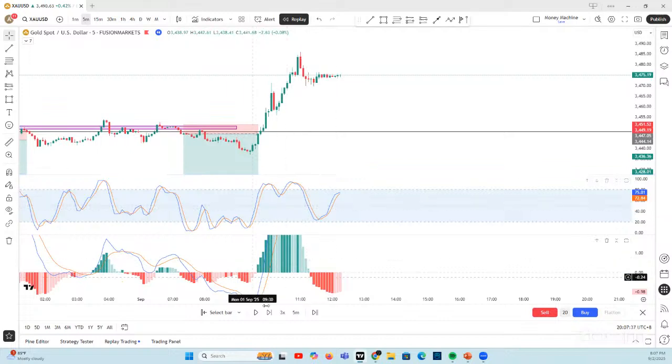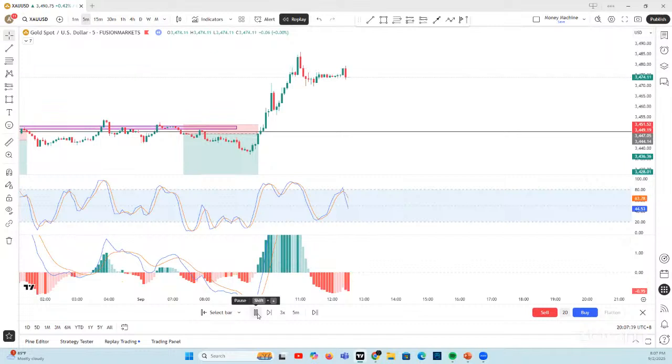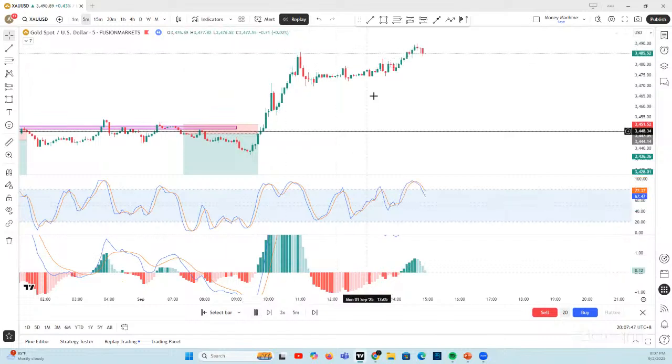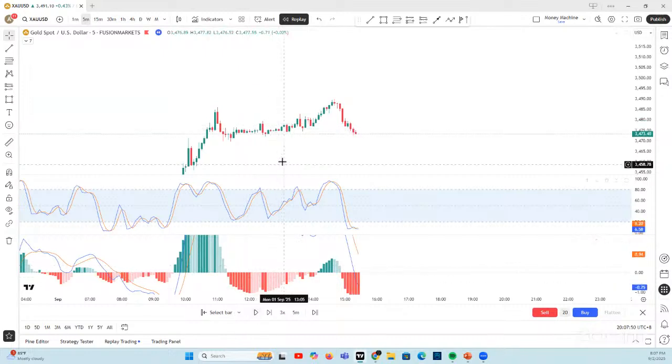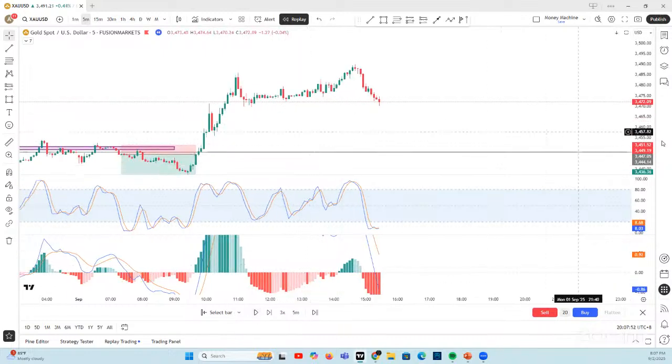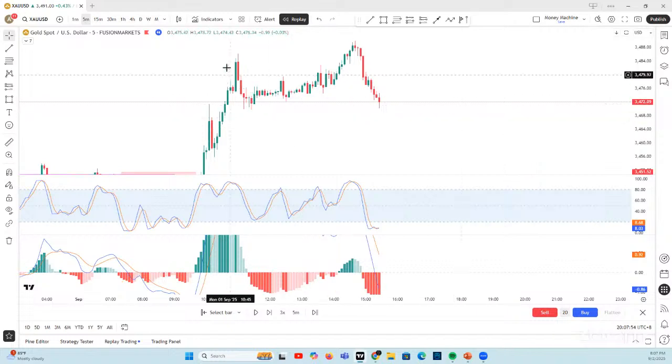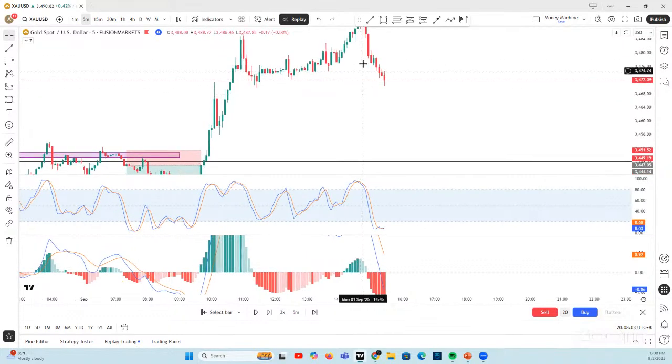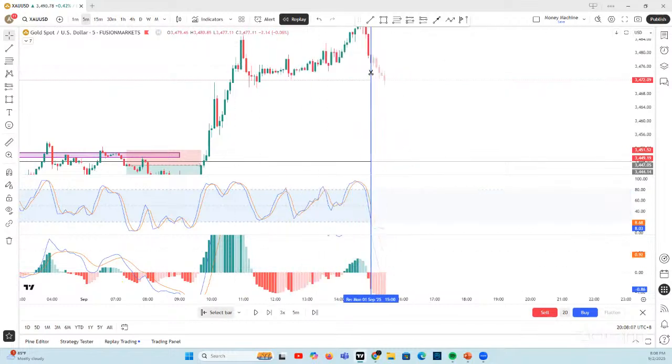Okay, let's play this out. Price is going. What do we see? Doji, yes. Three black crows again. If you entered here, let's try that.